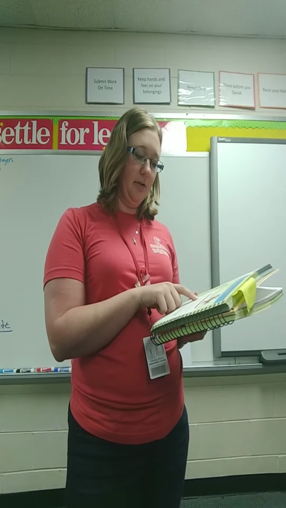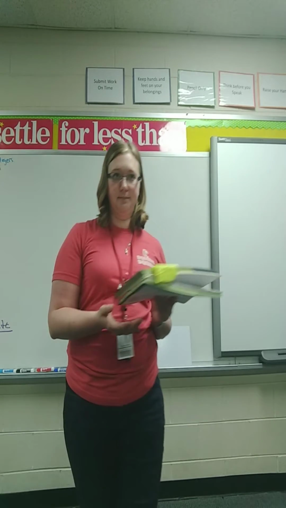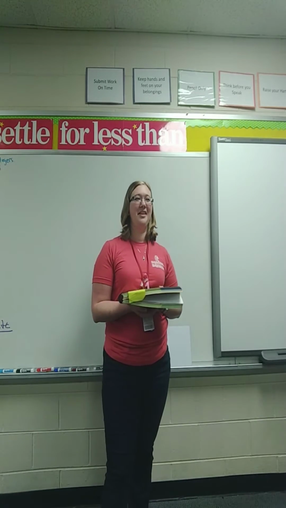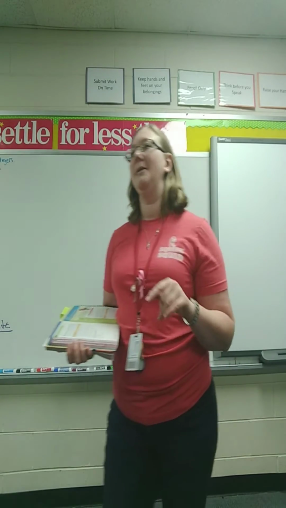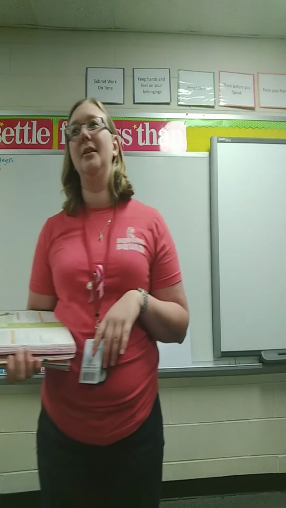Now, if we look at the 3 examples there, we have the square root of 36, then the negative square root of 36, and then it says plus or minus the square root of 36. First of all, can we take the square root of a negative number?